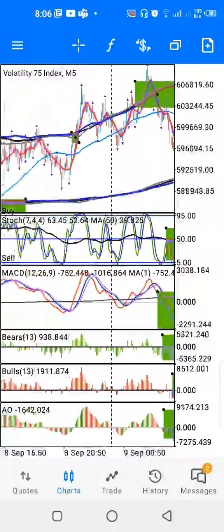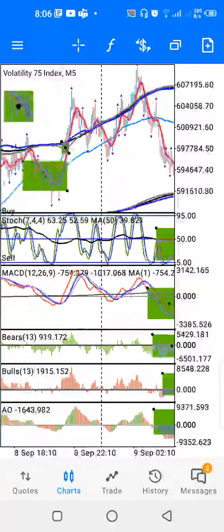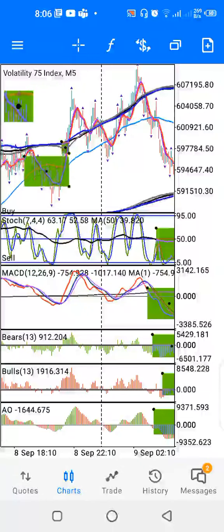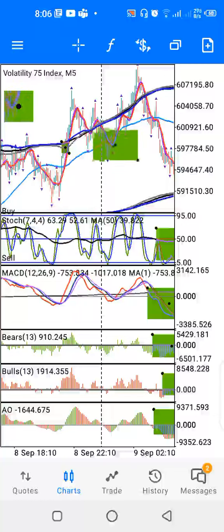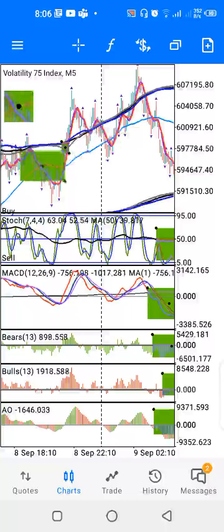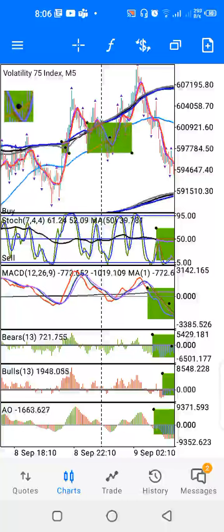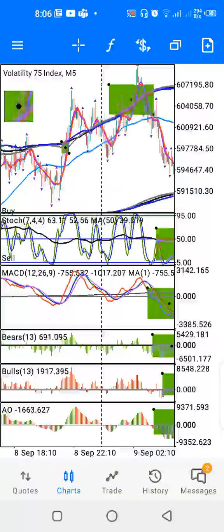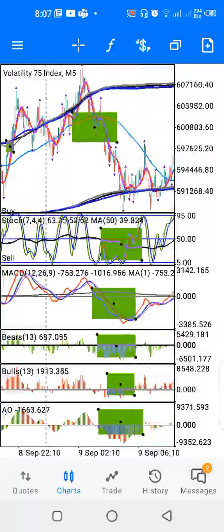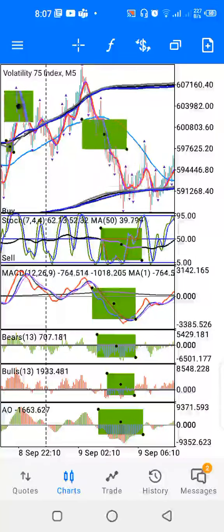So at this point, where you have it crossing the blue line here, you can buy. But if you bought here, of course it failed. If you sold here, it failed before going up, and then you have the final drop at the confirmation.